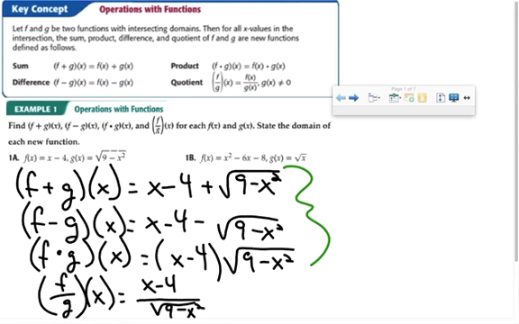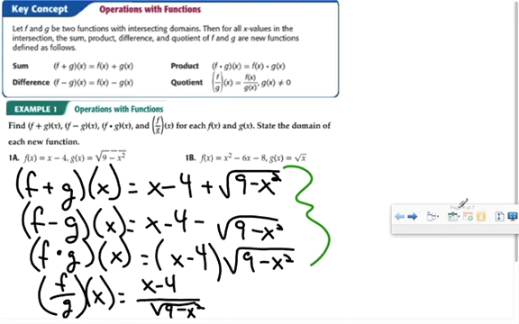Okay, so I need 9 minus x squared to be greater than or equal to 0. So that means that 9 has to be greater than or equal to x squared.